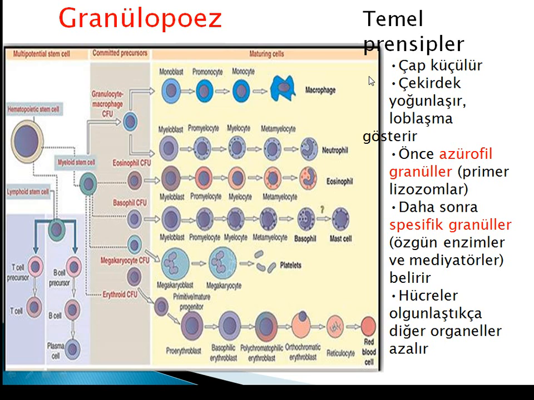Also we have to remember that first of all azurophilic granules appear in the cell, these are lysosomes. Then specific granules appear in the cytoplasm. And other organelles decrease in the cytoplasm with each differentiation. Finally, we will have mature neutrophils, basophils, and eosinophils.